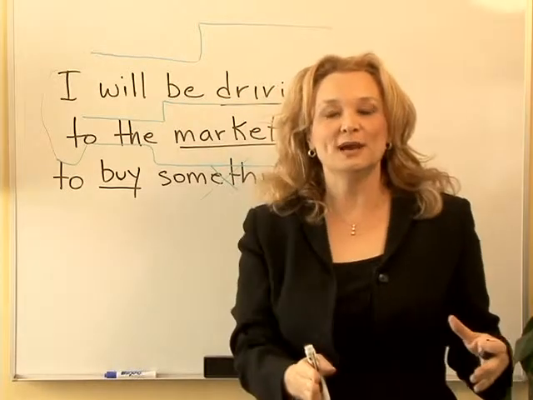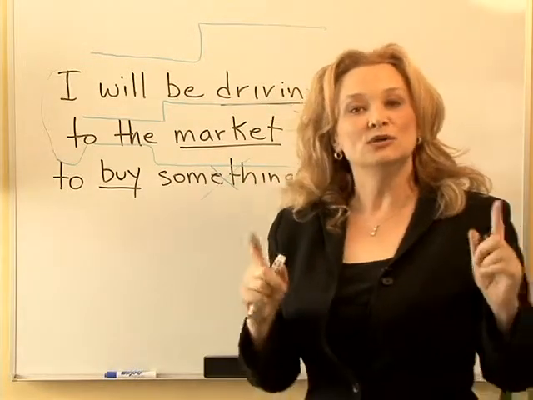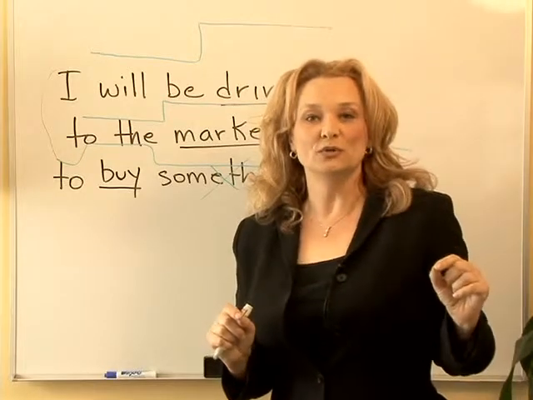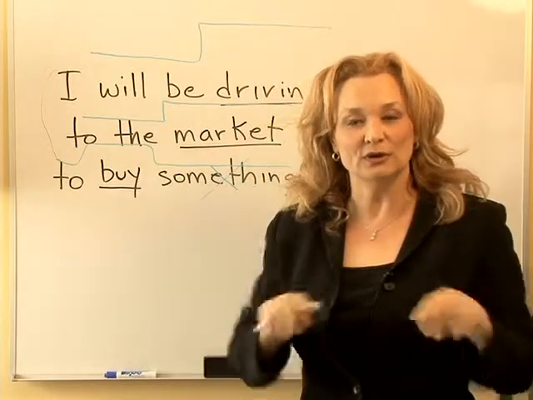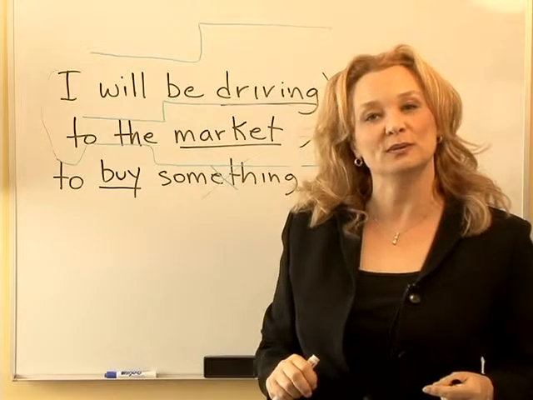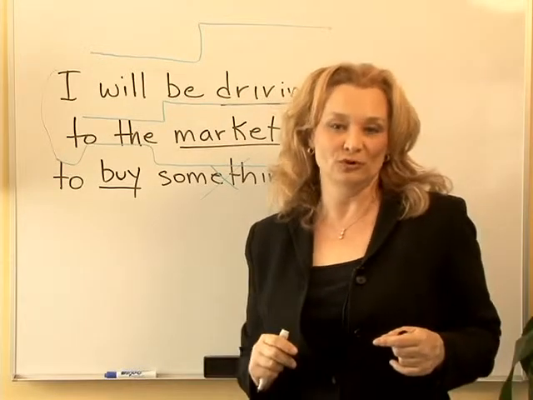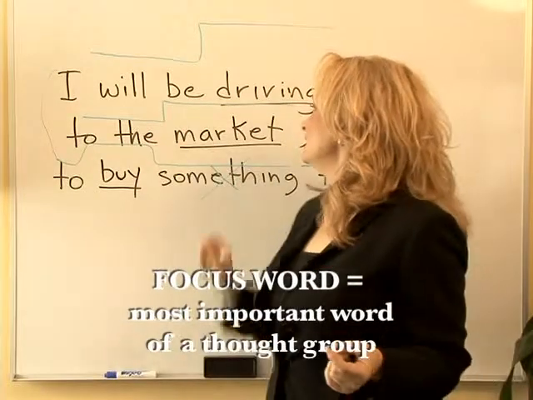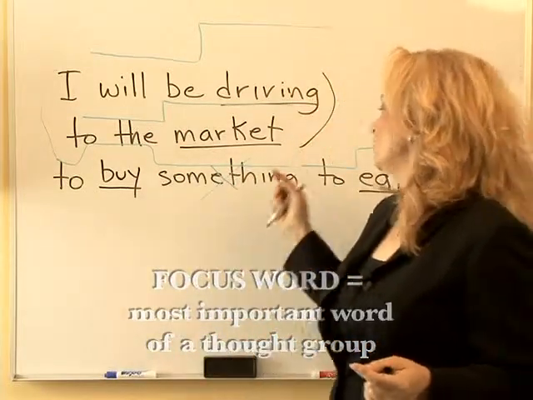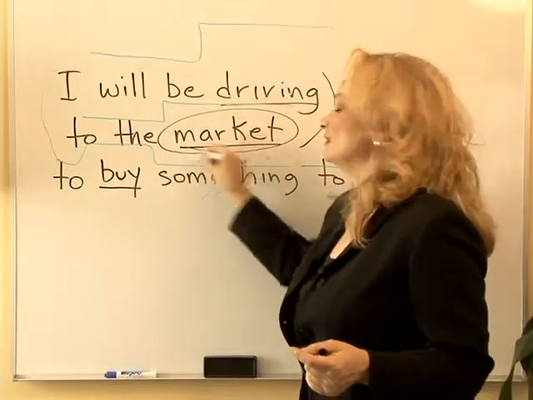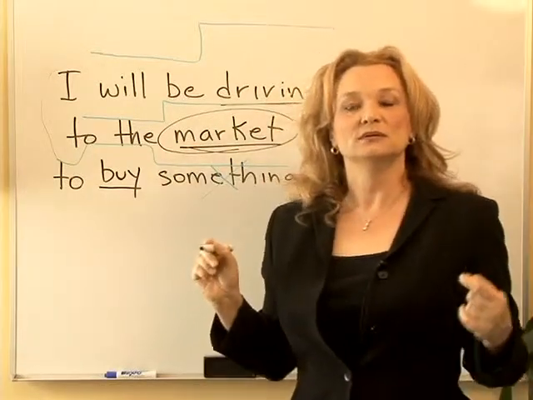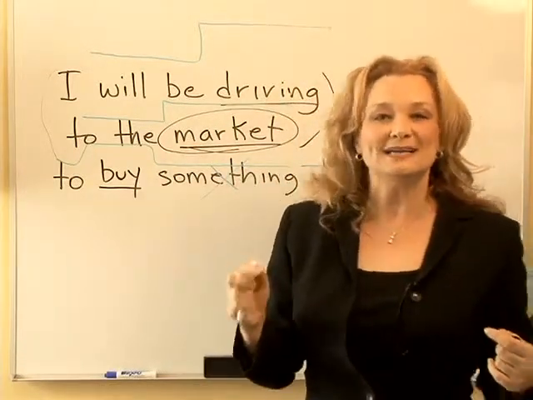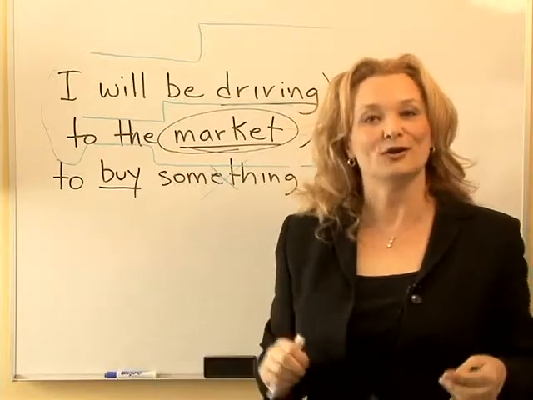When you break up the sentence into thought groups, you need to decide which word is the most important word of that particular thought group. That most important word is called a focus word. In this sentence, I will be driving to the market, market is the focus word. Usually the focus word is towards the end of the thought group.